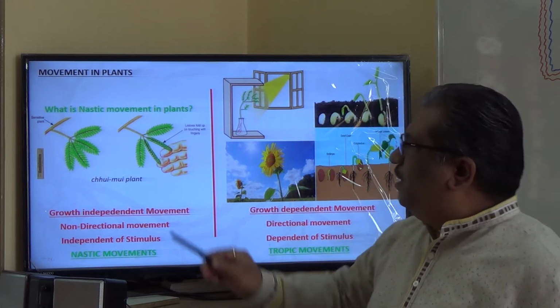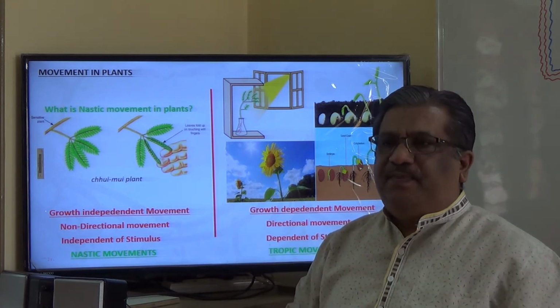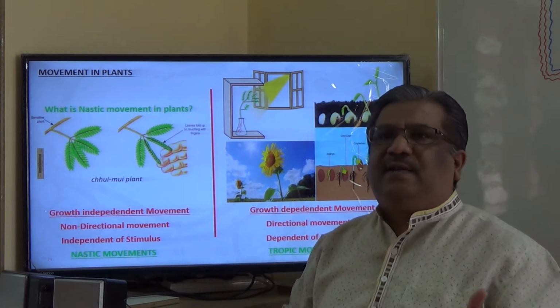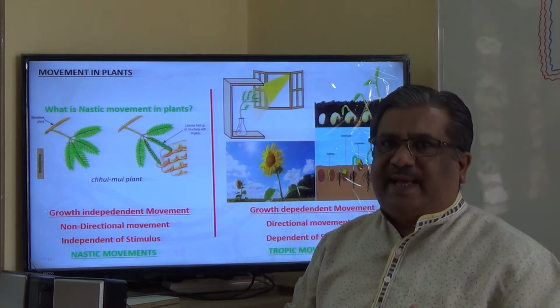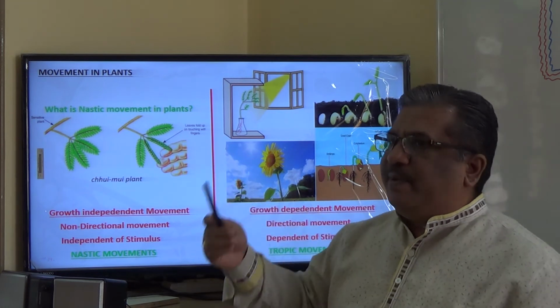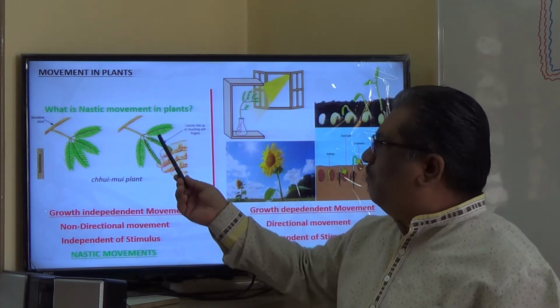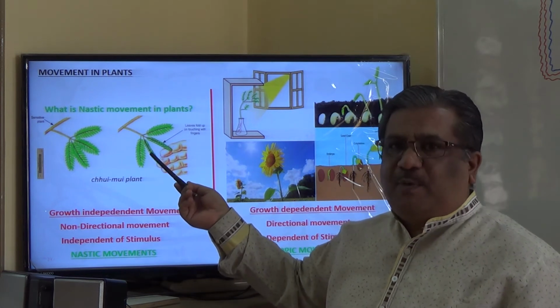Meaning the response, which is the folding action of the leaves, is not directional controlled. Do you understand? It is not direction controlled, and also it is not dependent upon the growth of a particular plant portion.